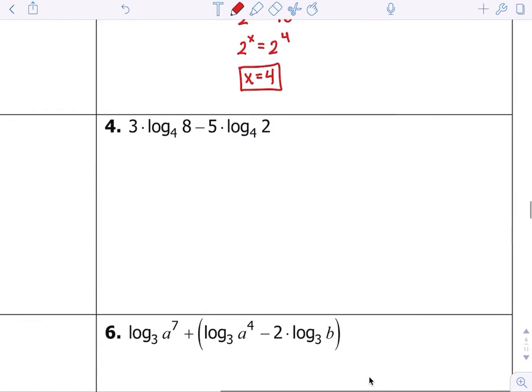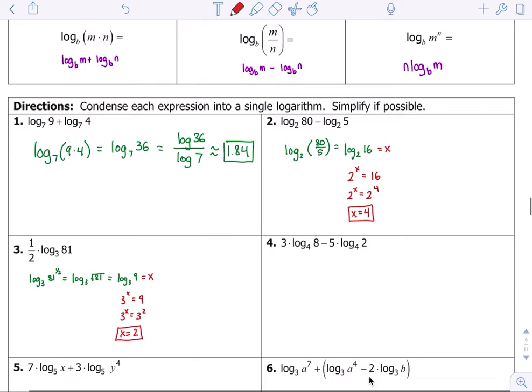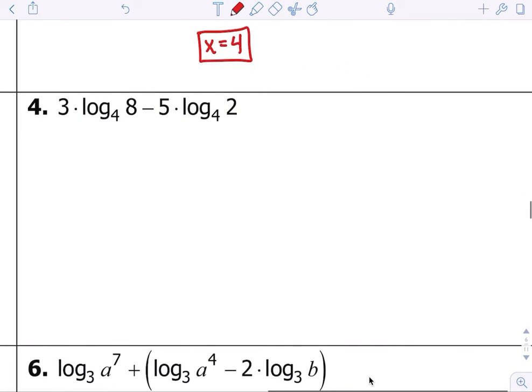All right, so this is a combination, okay? So first, notice that when you do these rules, there's nothing in front of the logarithms, right? It's just a log and a log. So for these, we have to make these powers first.